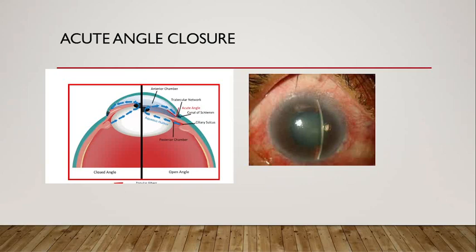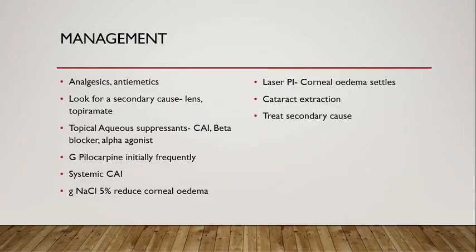Especially it happens in the evenings and nights, right? And the pathology is different, where the drainage is blocked. And sometimes they can come with severe vomiting and headache to the medical wards. So the medical wards can have people with acute angle closure attacks.